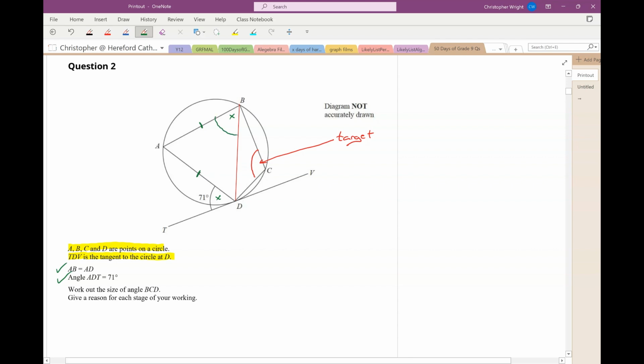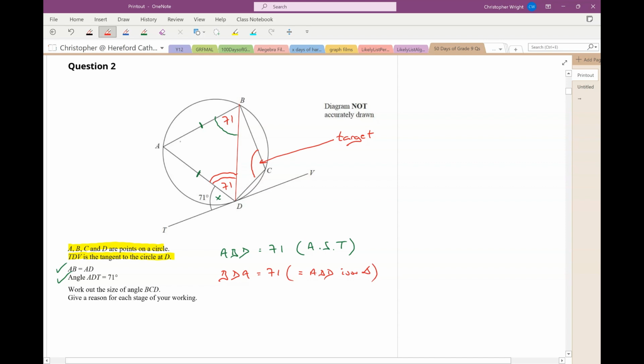So my first piece of working is going to be that ABD equals 71, and I shall say alternate segment theorem. Now that angle there is 71. So that means that this angle is also 71 because, of course, that's an isosceles triangle. So I'm going to say BDA equals 71 equals ABD, isosceles triangle.